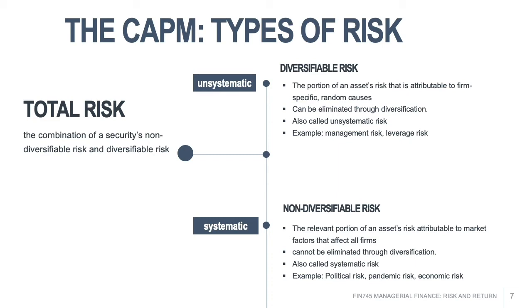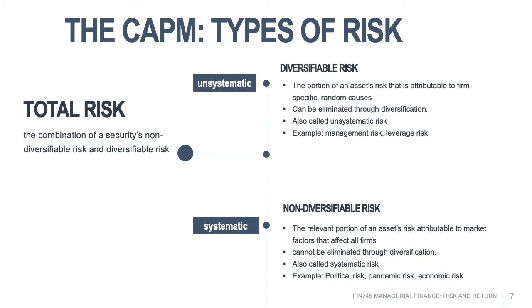It's also called unsystematic risk. For example, management risk and leverage risk. If diversifiable risk happens, it only affects that company. For example, if the management of the company is bad, it only affects the company itself. It does not affect any company in the same industry.